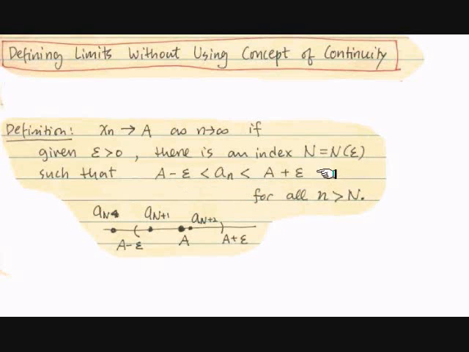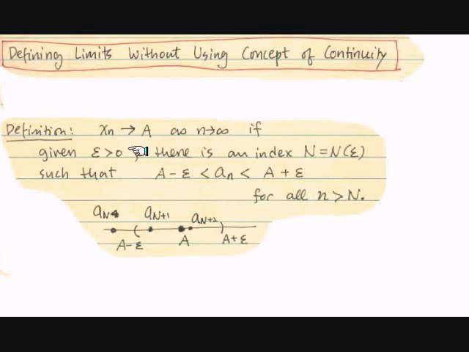In establishing this inequality, the challenge is not using the continuity of the operation involved. You have to strictly use algebraic properties and the inequalities that come with them. So this is the definition. Let me read it again.